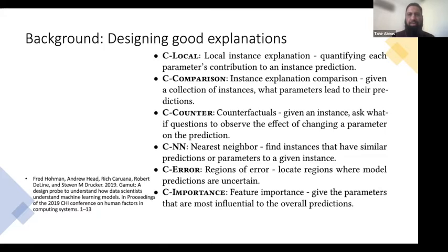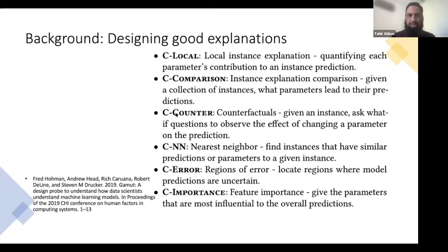The first one they use is C local, which is a local instance explanation, quantifying each parameter's contribution to an instance prediction. So we are interested in which parameter actually contributed to the instance prediction.